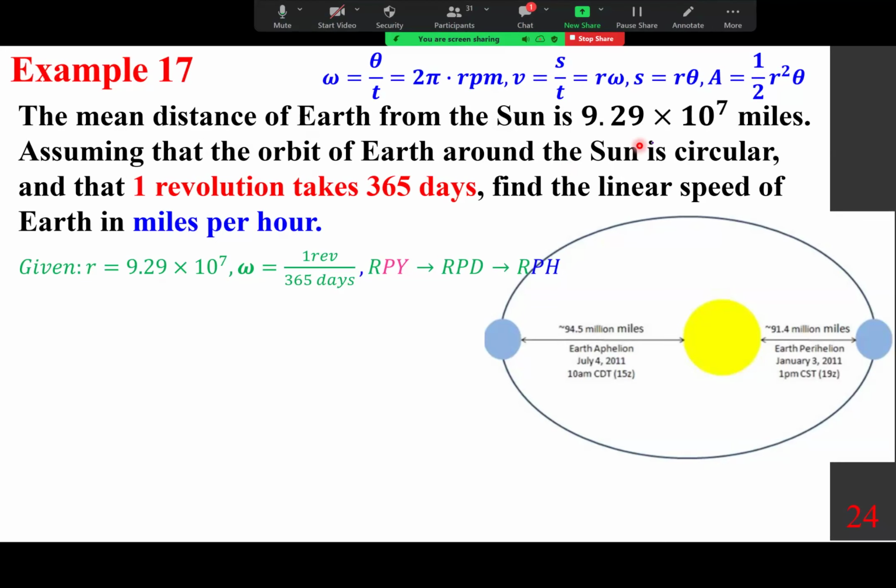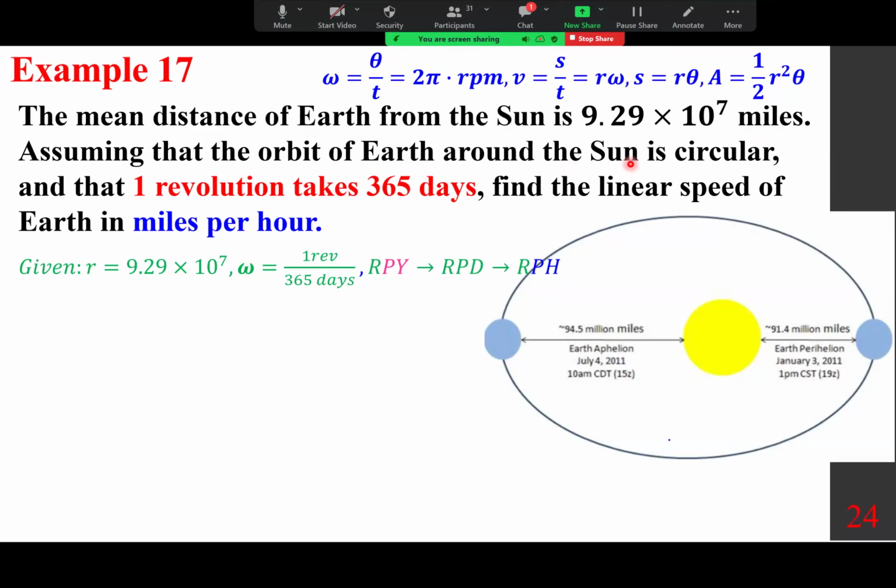This is in miles. We are fine. But this one has to be done accordingly. All right. So omega is theta over t. What is theta?